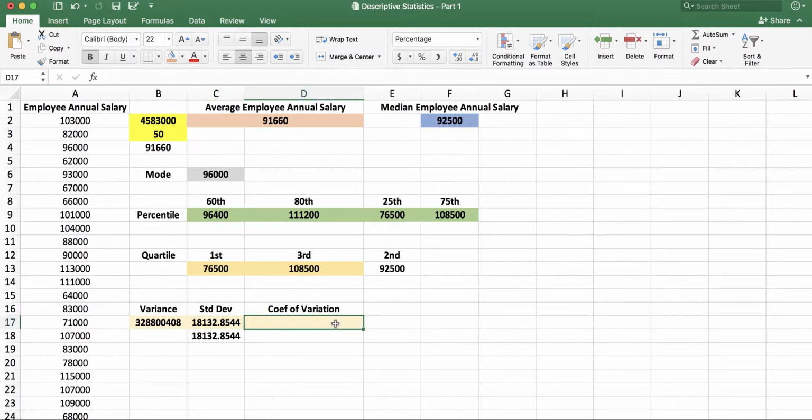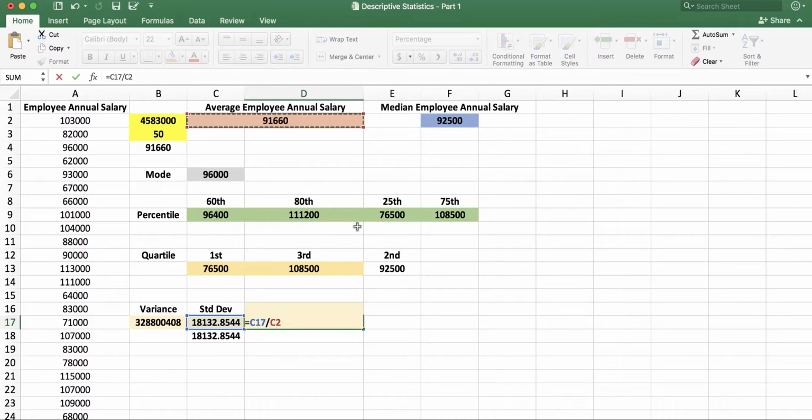The last descriptive statistic that I will calculate here is going to be the coefficient of variation, and that will be equal to the standard deviation divided by the mean. Okay, so we are going to calculate this value, but remember I mentioned that the coefficient of variation is reported in percentages.